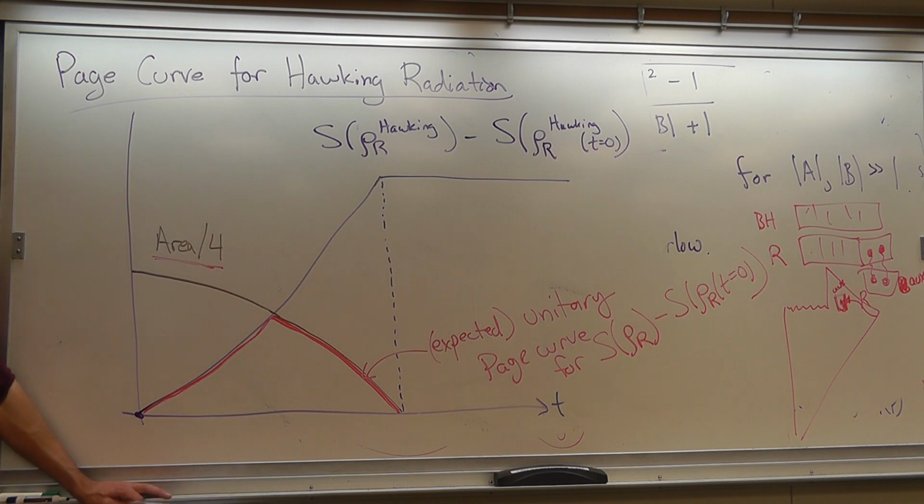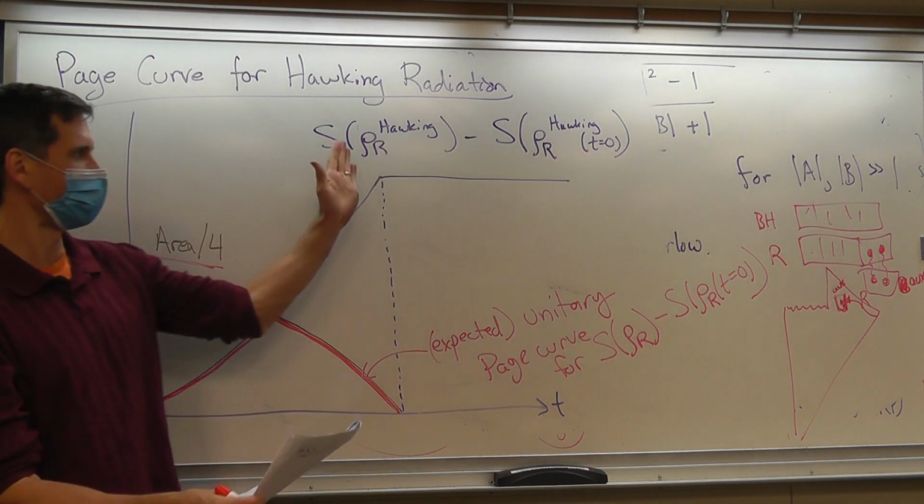And this means, in particular, that the information paradox is not just a problem when the black hole is gone. I think the safest way to state the paradox is that when the black hole is gone, you have a mixed state, so you're in trouble.